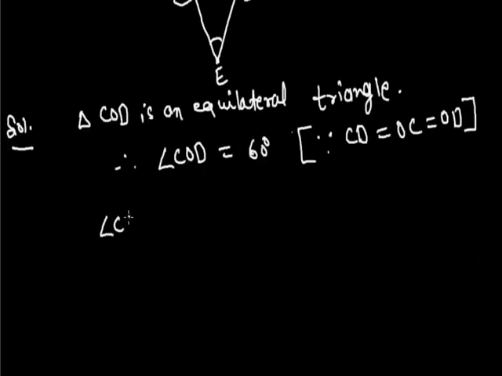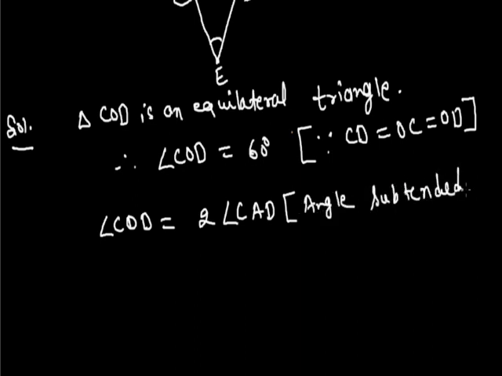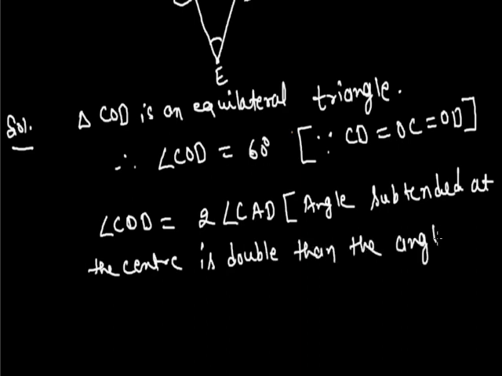Now angle COD is equal to twice of angle CAD. Angle subtended at the center is double the angle subtended by it on the remaining part of the circle.